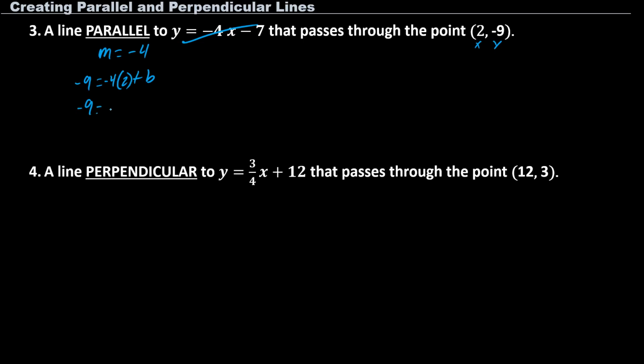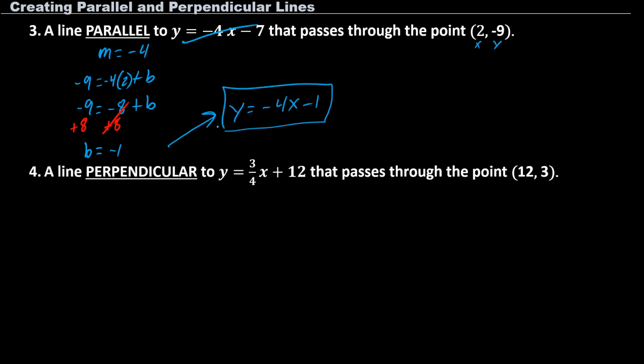So negative 9 is equal to negative 8 plus b. Add 8 to the other side, and that tells me that b is equal to negative 1. So y is equal to negative 4x minus 1. That's my parallel equation.